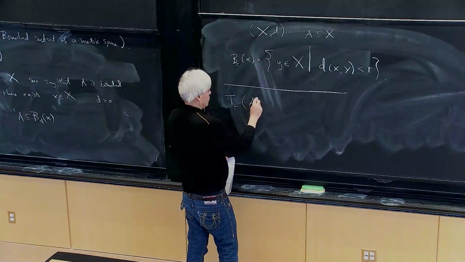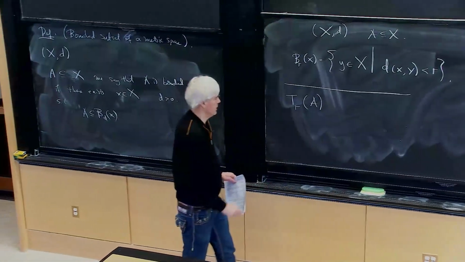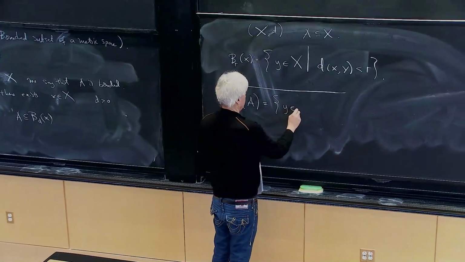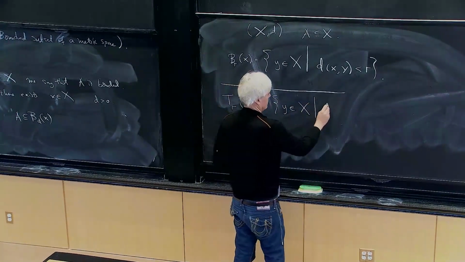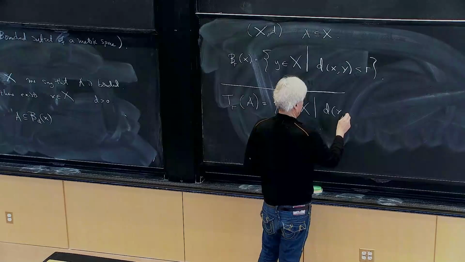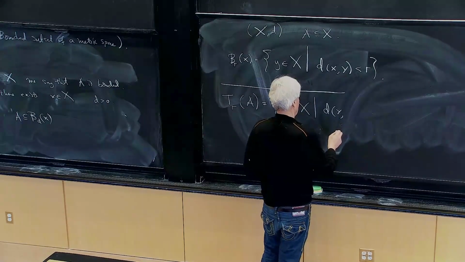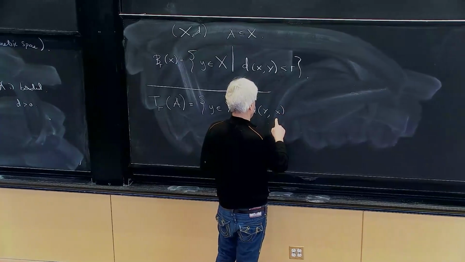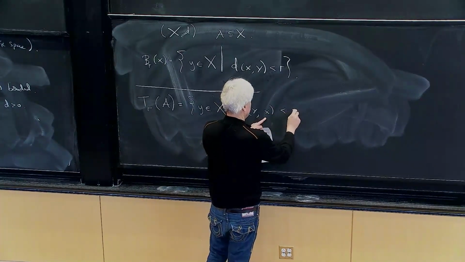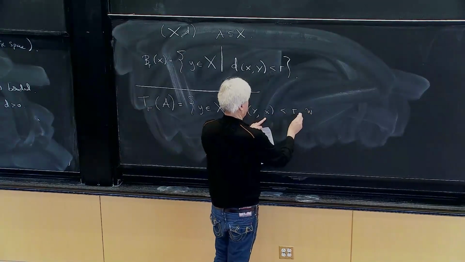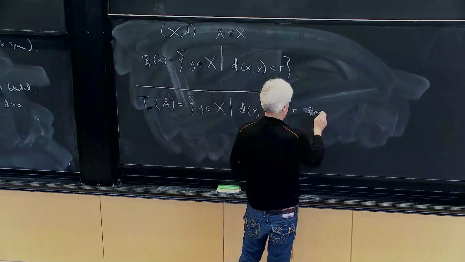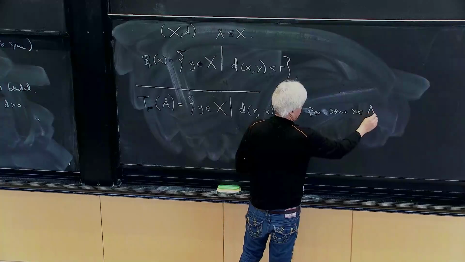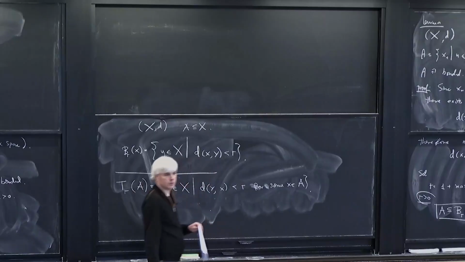And you could define the tubular neighborhood of a subset similarly. So this would be the y in X so that the distance from y to x is strictly less than r for some x in A. You see what I mean?